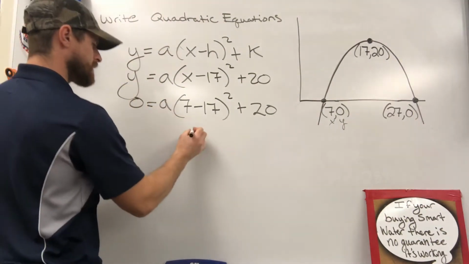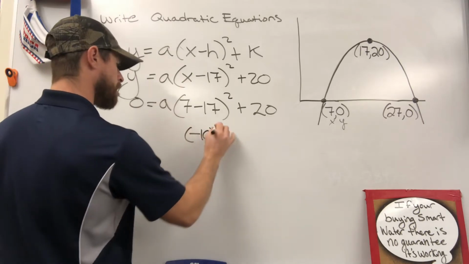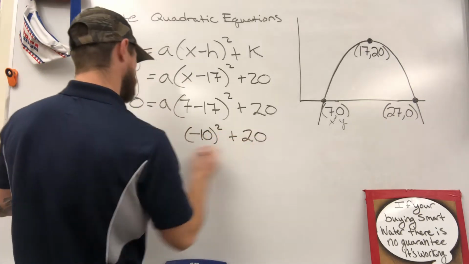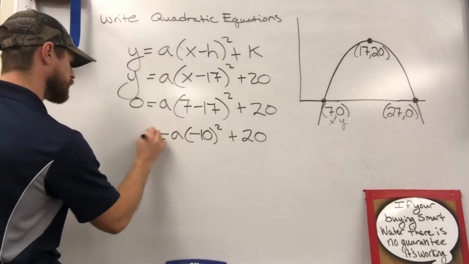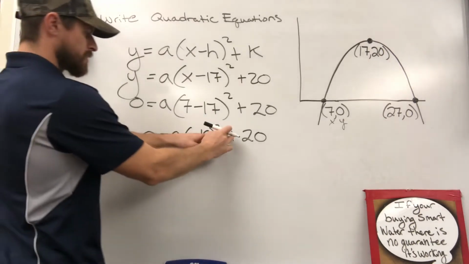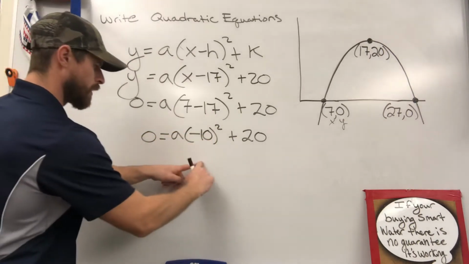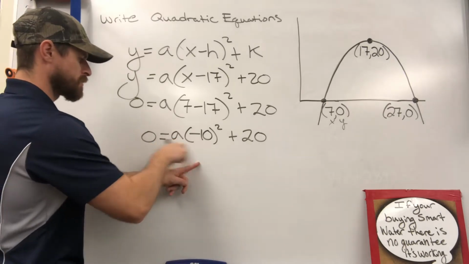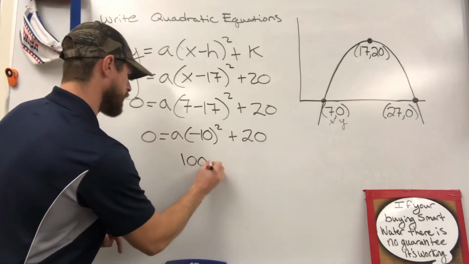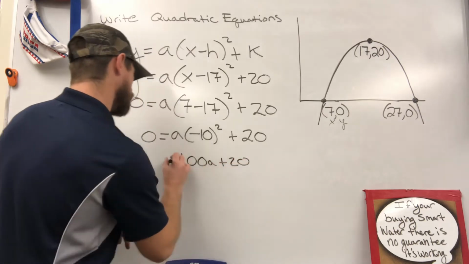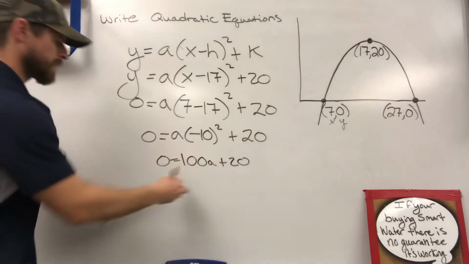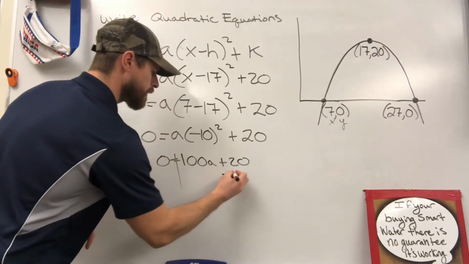7 minus 17 is going to give me negative 10. Bring the a over, equal to 0. Negative 10 squared becomes 100, so I'm going to get 100, and a times 100, so let's just write it out as 100a. We're in a two-step equation, inverse operate.